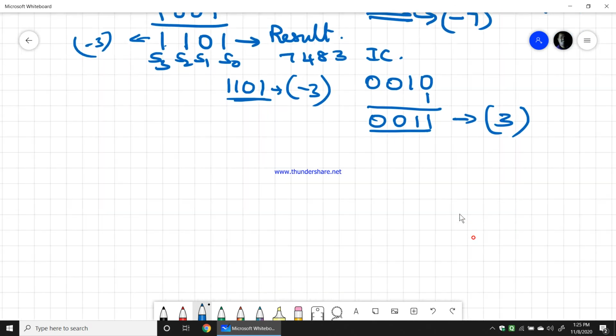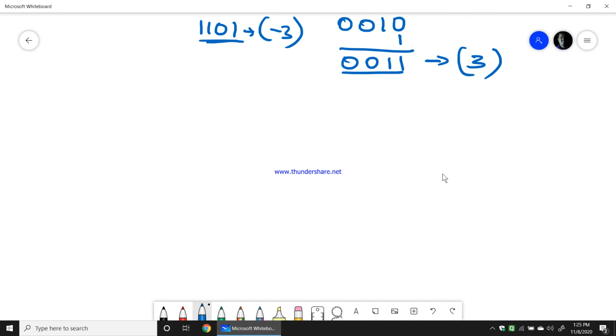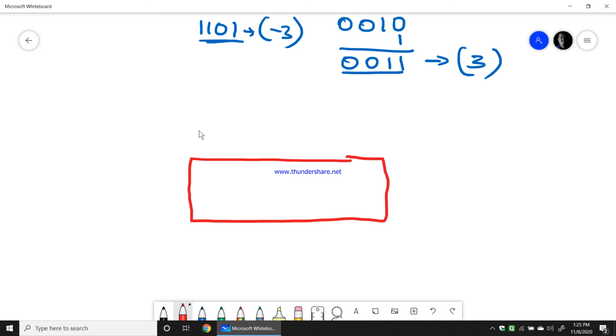Now, how to do this using the 7483 IC? Okay, I have a 7483 IC where I will have inputs. So this is C in, C out, and this is sum out.